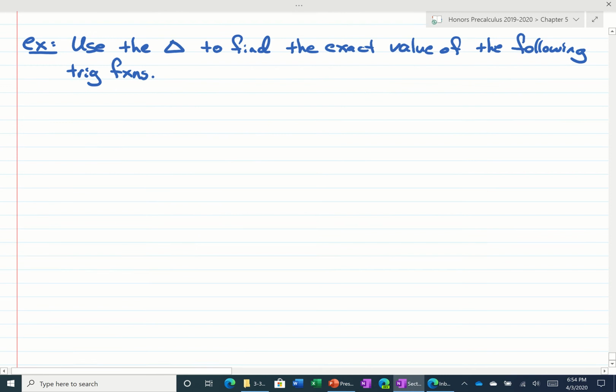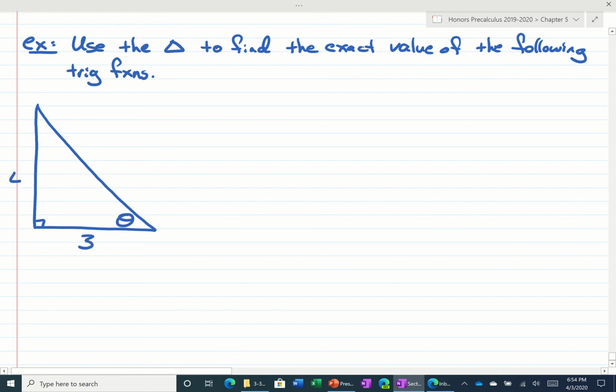The triangle that I'll give you is very, very simple. It's a right triangle. We'll put our angle right here, angle theta. This side is 3, this side is 4. And I'll ask you to start off first by finding the sine of theta over 2.